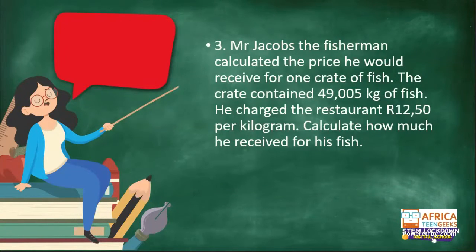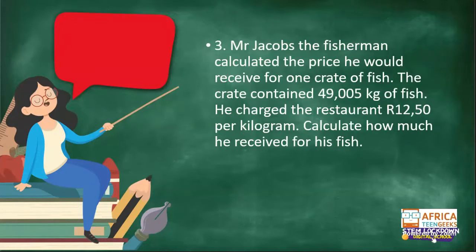Mr. Jacobs, the fisherman, has now calculated the price he would receive for one crate of fish. And of course, the crate contained 49,005 kg of fish. Now he charges the restaurant 12 rands 50 per kilogram.